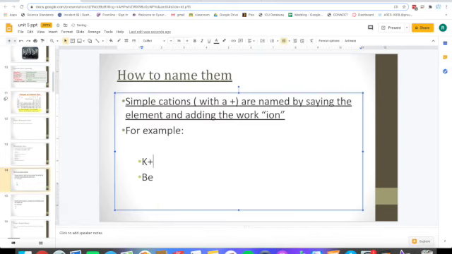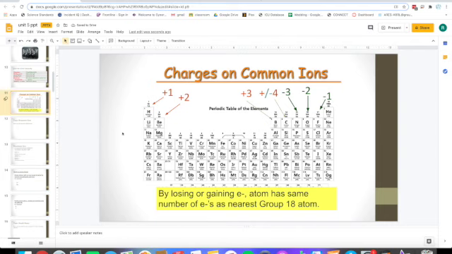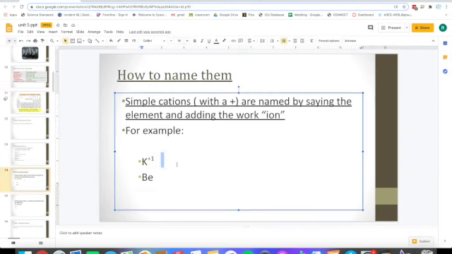So I'm going to make that a +1 charge. First we just write the element. K, if we look at our periodic table, is potassium. So we'll put potassium, and then you just add the word ion. So that would be potassium ion.